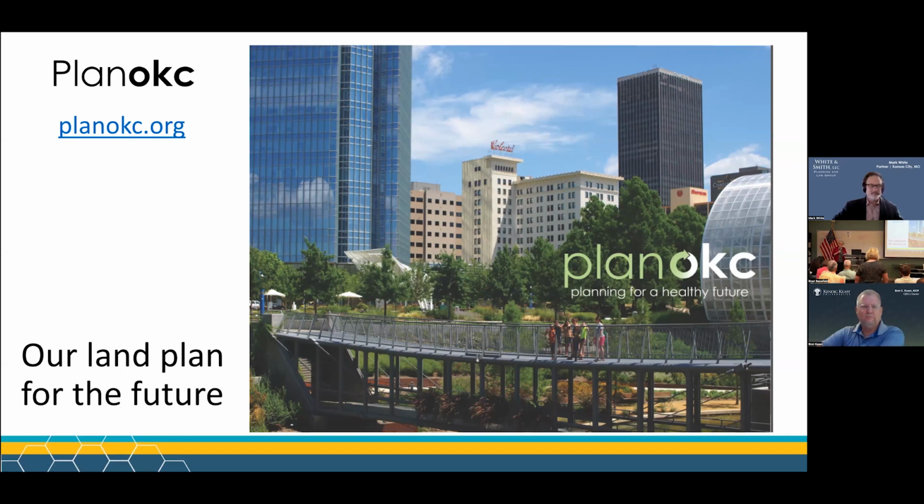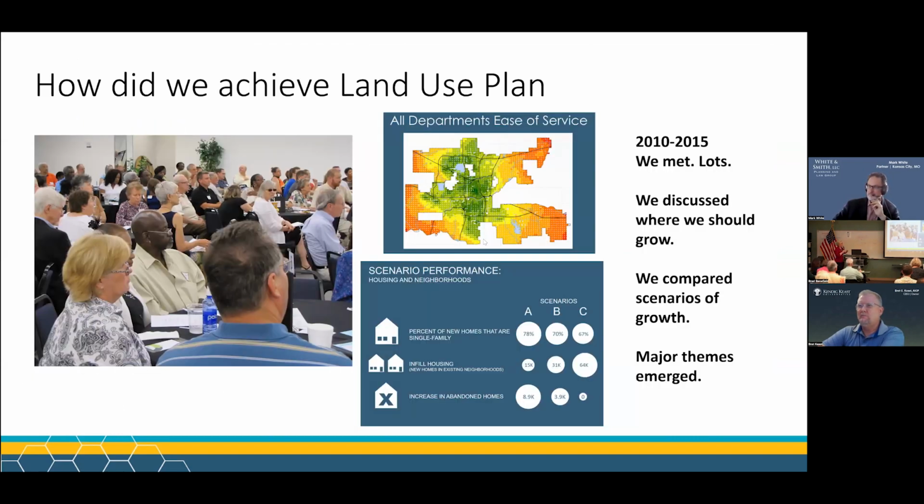Jessica mentioned earlier and Gary said, I was involved in the development of Plan OKC. It was finished. It was adopted in 2015. After a very long, exhaustive process of study and outreach, again, with a large team of in-house staff and consultant team.